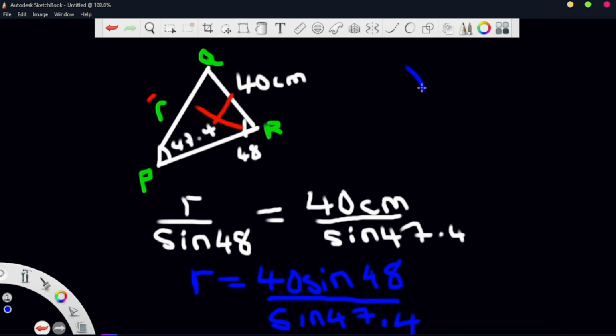Hence our value of r will be 40.38 centimeters.